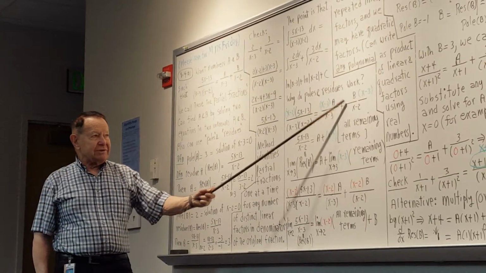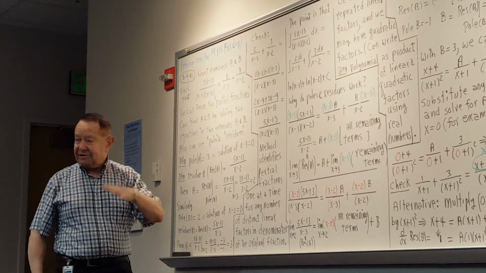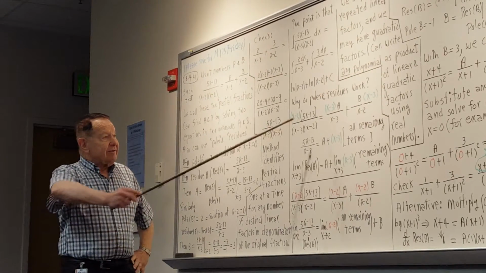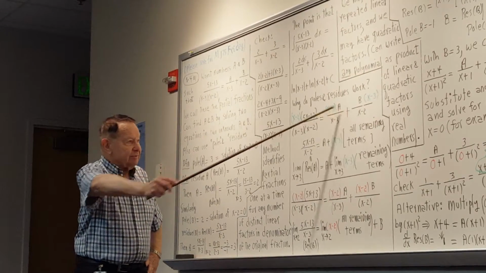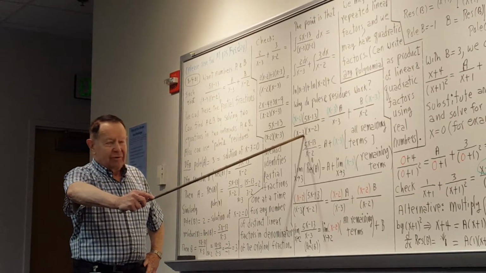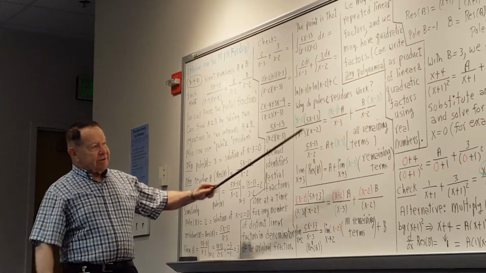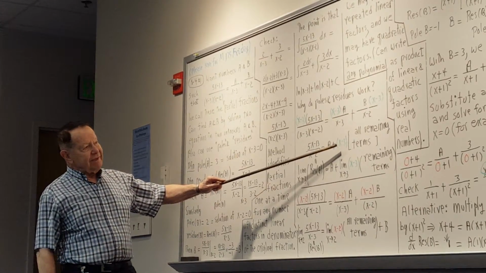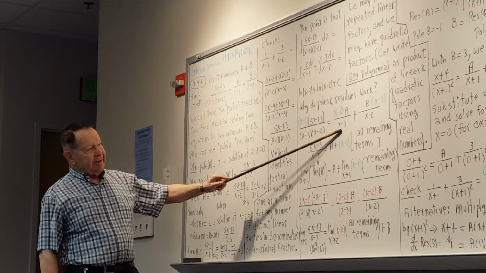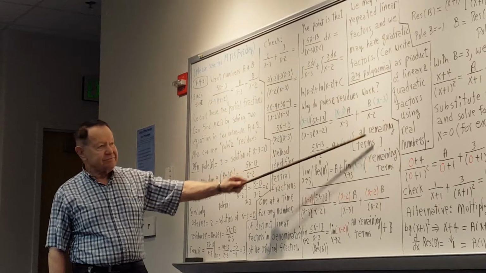In this problem, there's just the one term, but you could have 50 terms if they're all fractions like these with different factors over here as their denominator. So you'll have the original denominator of A times however many terms there are.